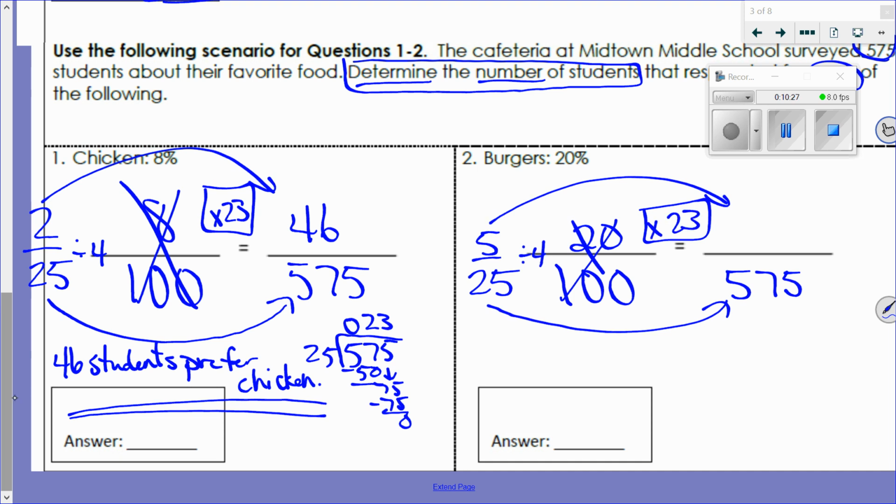Nope, still times 23. So I'm going to do 23 times 5. Gives us 15. Carry the 1, 115. So our final answer on this one, 115 students prefer burgers.